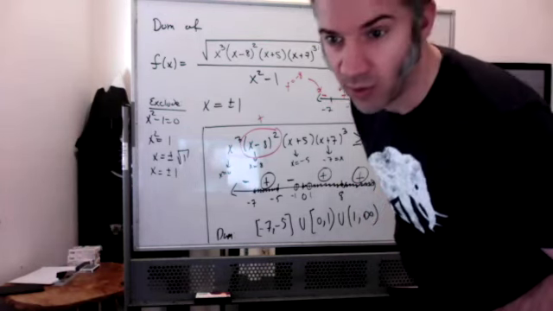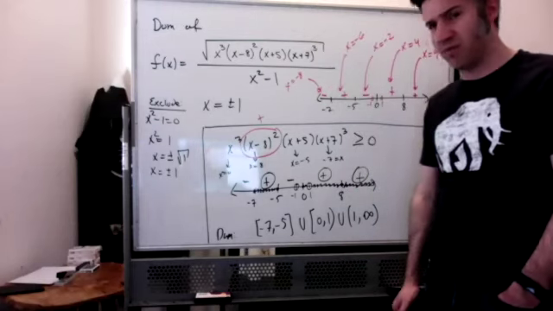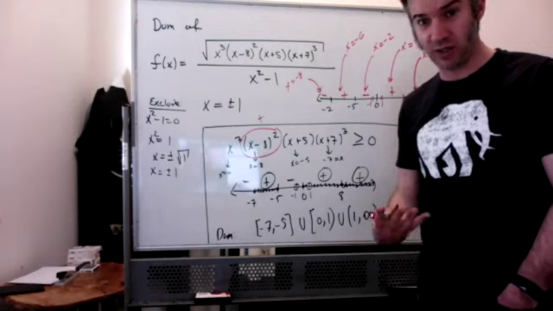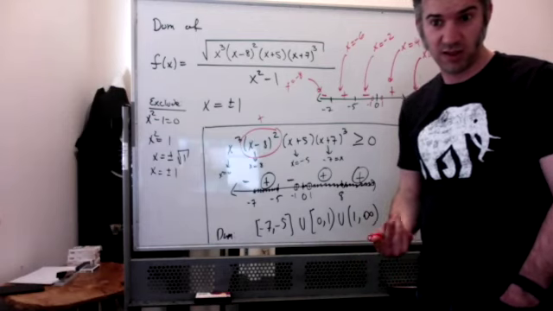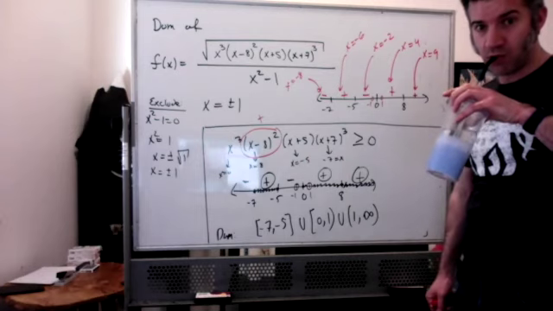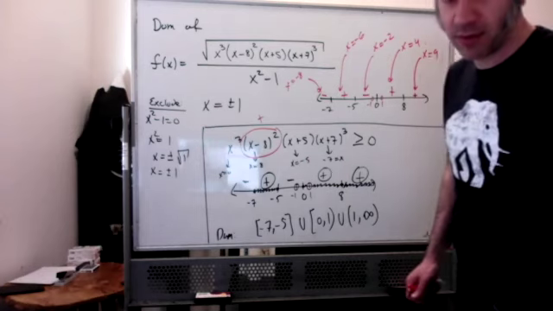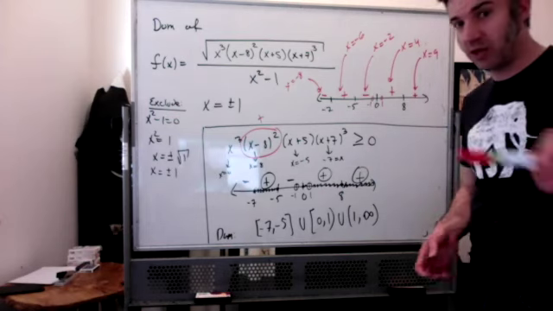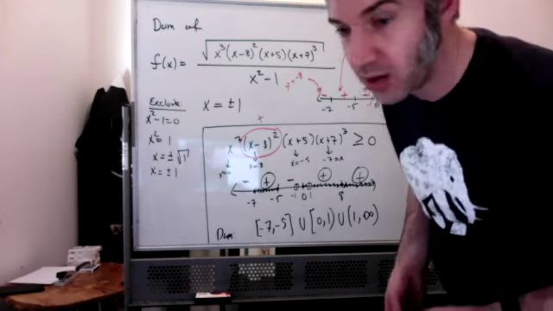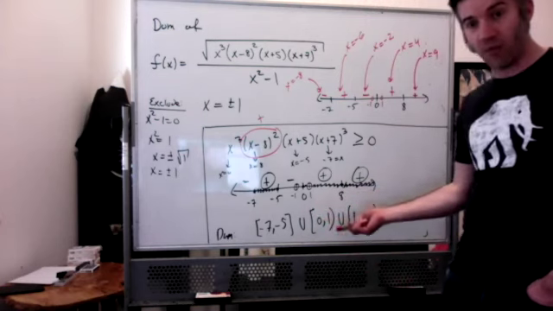Why was the domain 1? I think you're asking, Fernando, why did we exclude 1? It says 0, 1 here because we do not want the number 1.